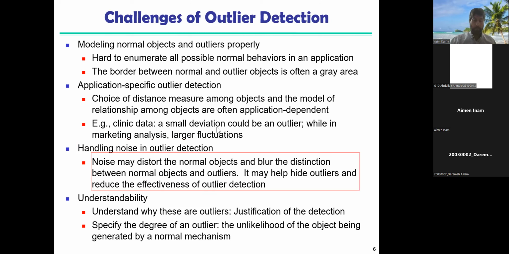They are also in the middle, semi-supervised, but I don't think we should go into that. Supervised detection techniques would be something like the classification that we studied earlier. So a labeled data set is available.